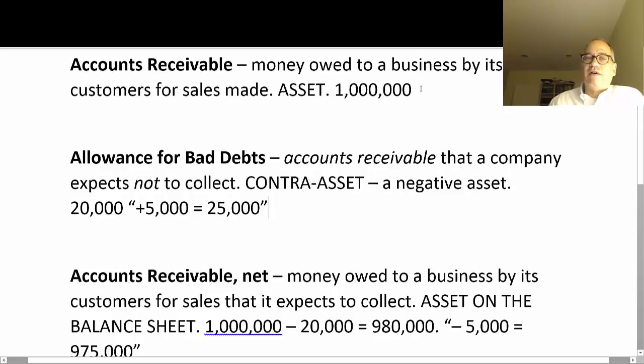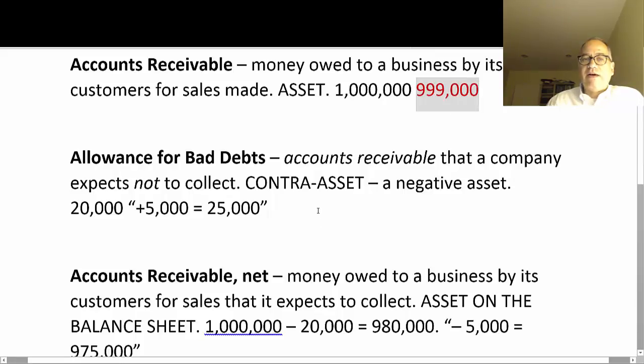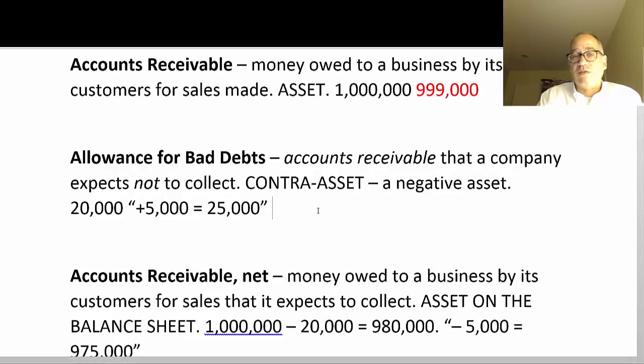So let's say you had a write-off of $1,000. Then your new accounts receivable would be $999,000. I'm going to put this in another color, say red. Your allowance for bad debts, which we just adjusted to $25,000, would be reduced to $24,000.